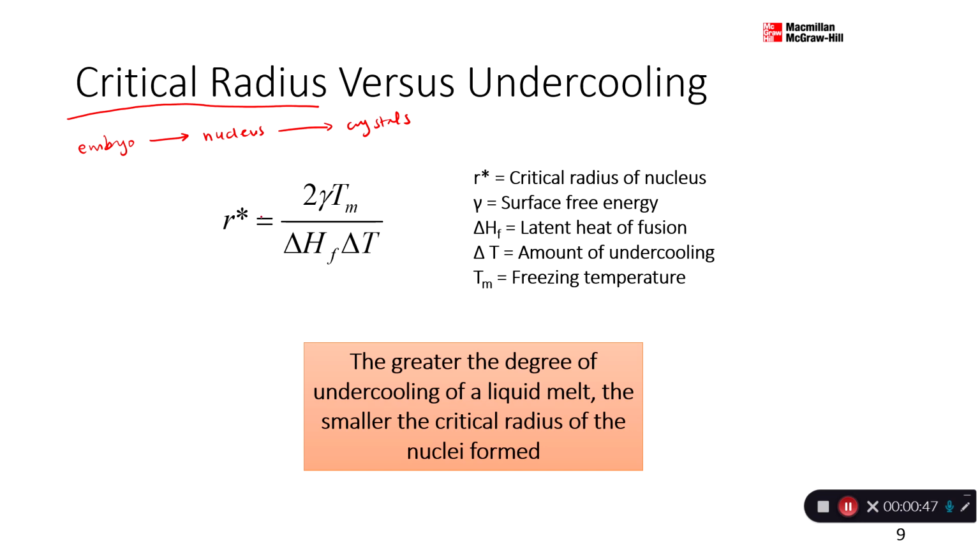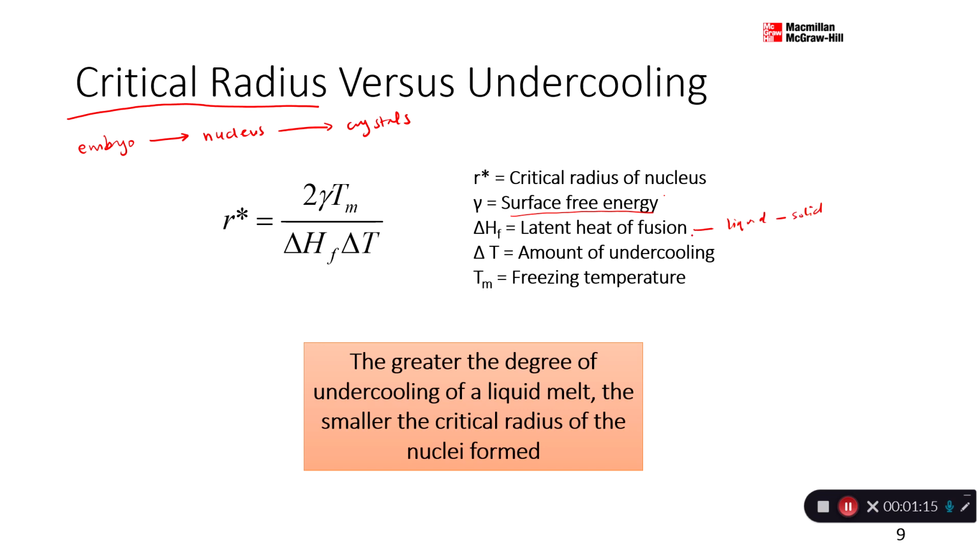Critical radius is denoted by r prime or r star, and is 2 gamma over... Gamma is the surface free energy, which I'll touch on soon. Delta H_f is the latent heat of fusion, the heat required to change between liquid and solid phase.